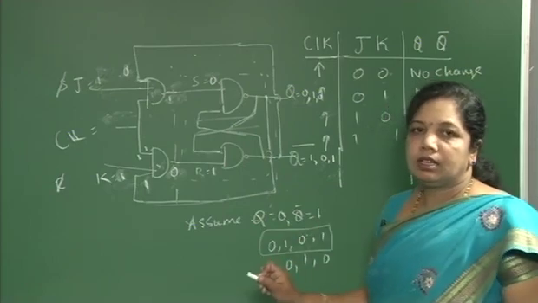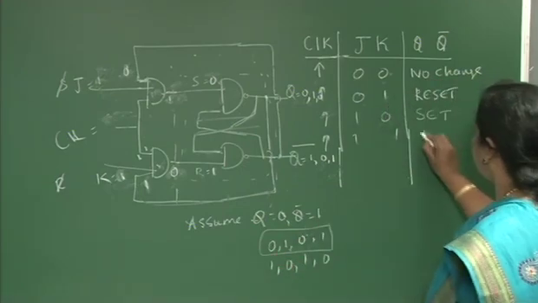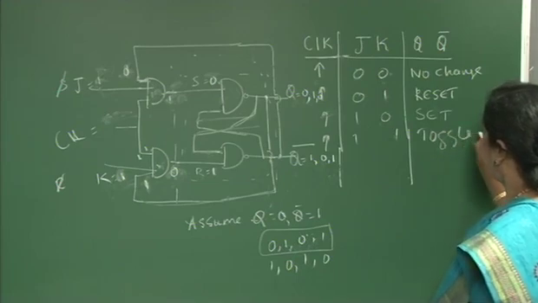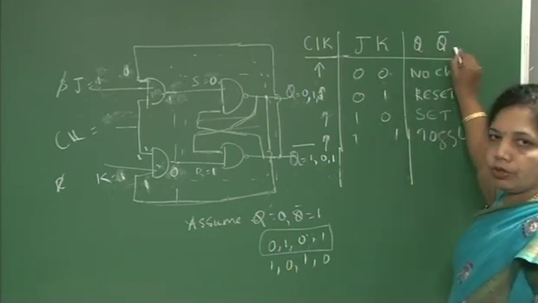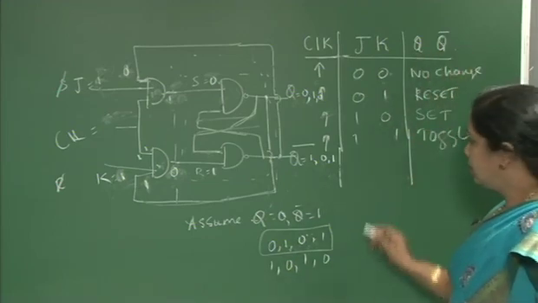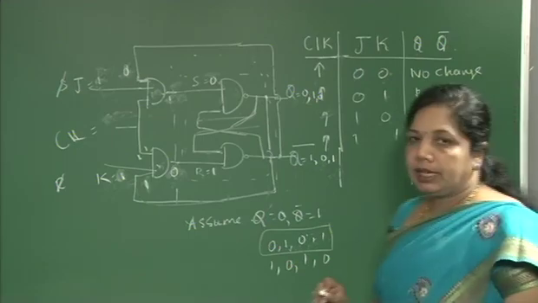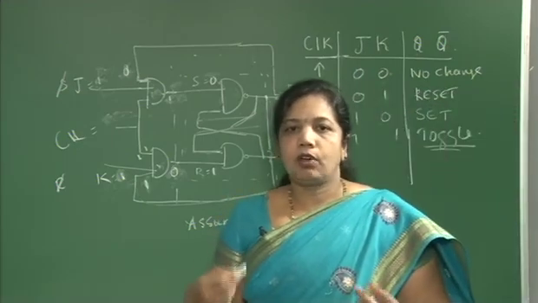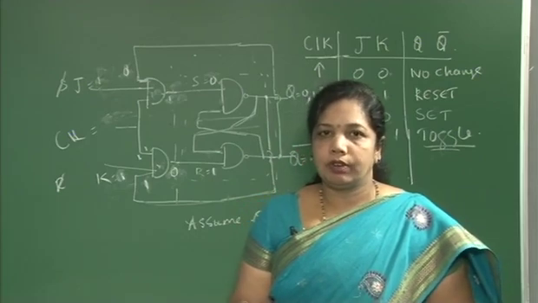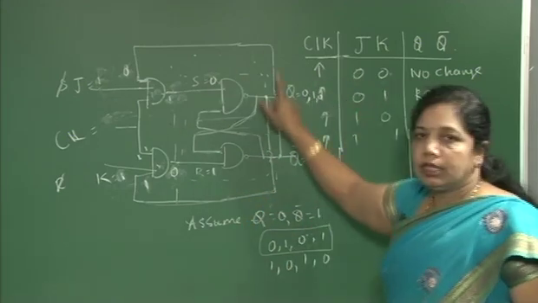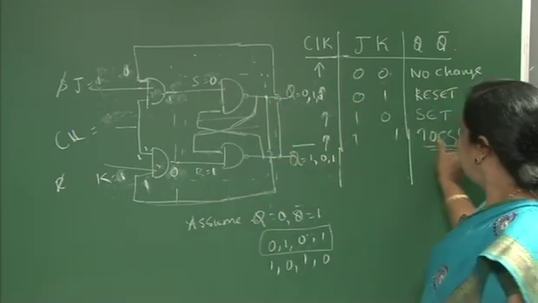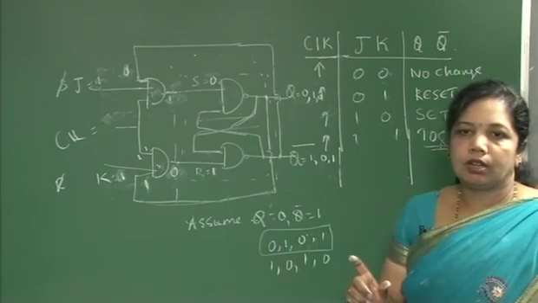So this condition is called toggle condition. Output switches from 0 to 1, 1 back to 0. So we have eliminated the indeterminate forbidden condition in the SR flip-flop. By introducing this feedback, we get a condition called toggle condition.